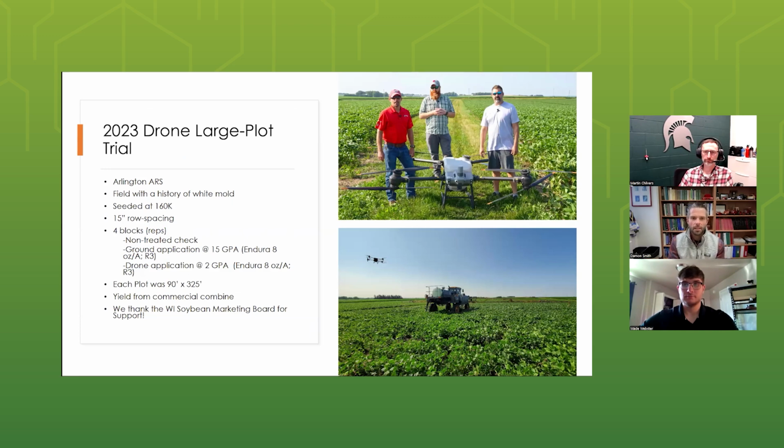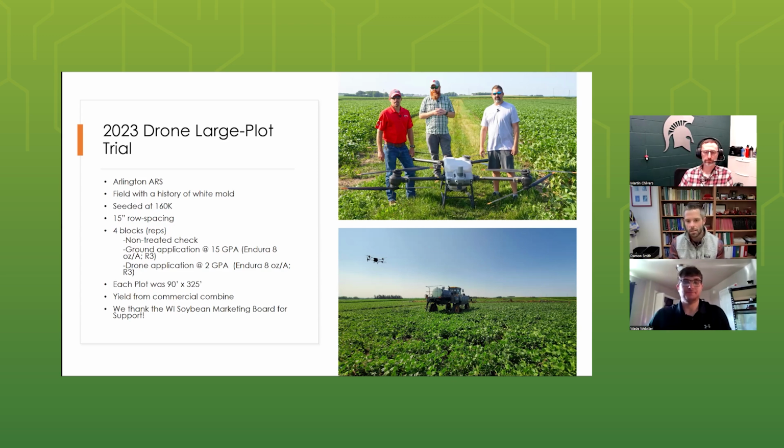So we talked a little bit about application technology and the real need for good canopy penetration. And we've gotten a lot of questions here in Wisconsin about drone-applied fungicides in soybeans, mainly in white mold areas where the field's boxed in, wooded areas, things like that, where it's hard to get a big sprayer in.